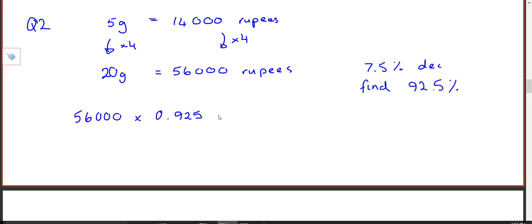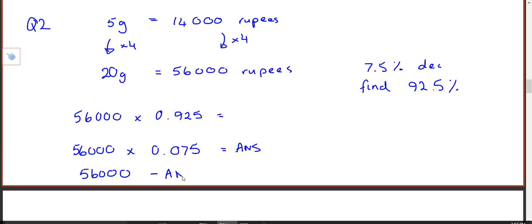Okay? The other way to do it would have been 56,000 times 0.075 equals an answer, right? And then you would have done 56,000 minus that answer. And that would have been your final answer.